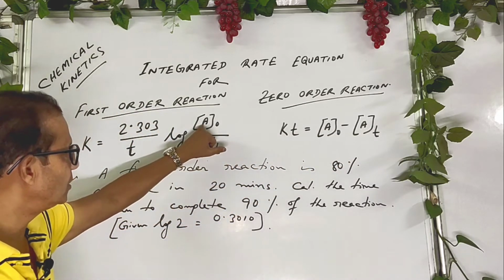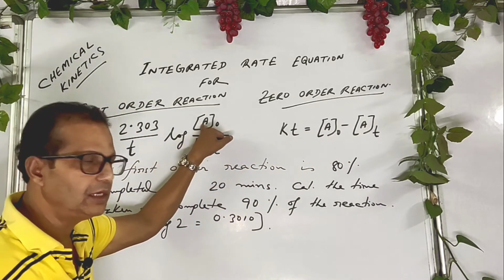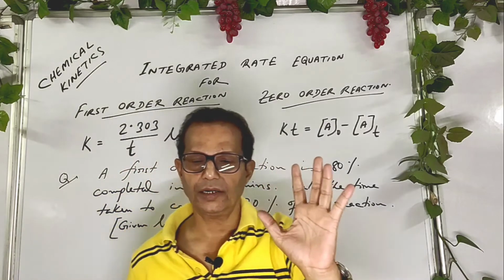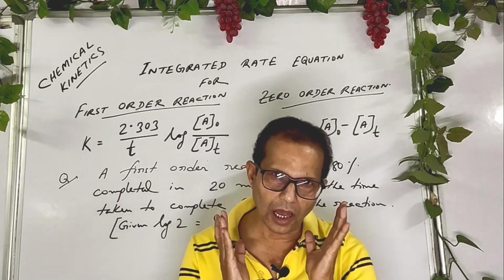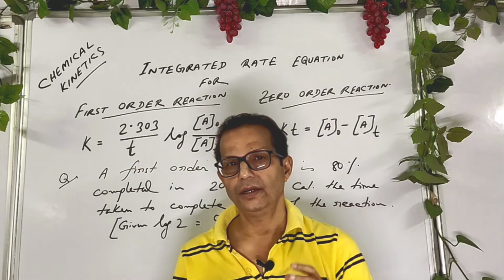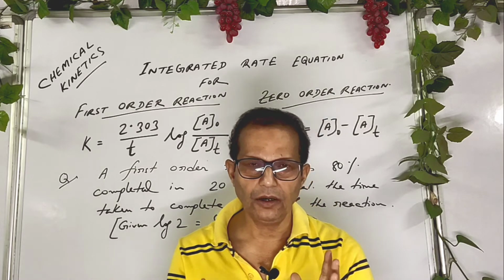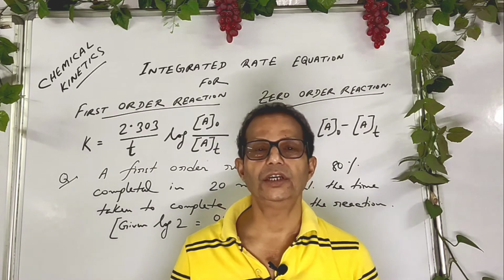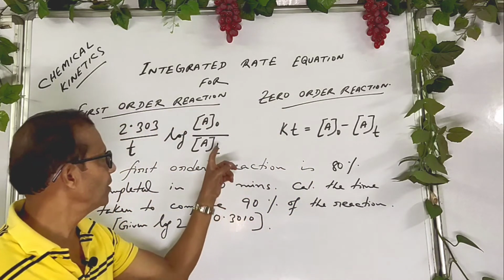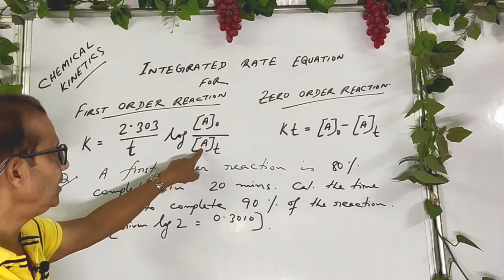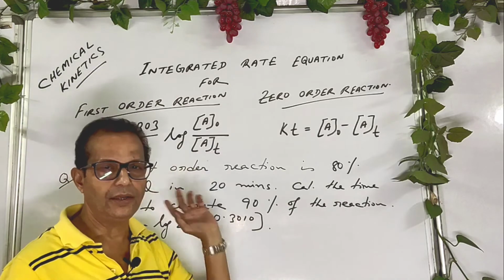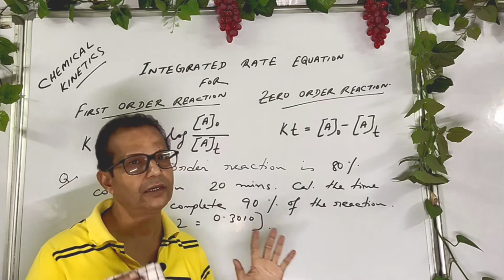What is a naught? a naught is the initial concentration of the reactant, the amount of reactant taken in the beginning of the reaction, that is called initial concentration. And at is the concentration of reactant remaining at time t.